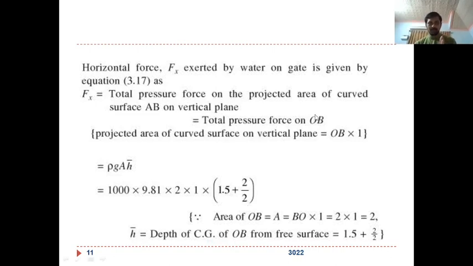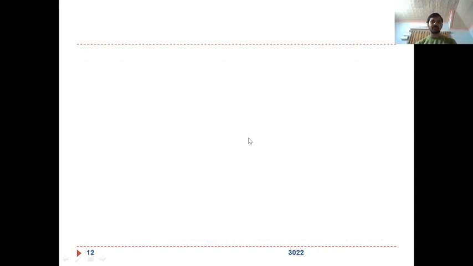Then only you will be able to understand what OB is, and how OB, 1 and 2 by 2 etc. have come. Once you draw the diagram and listen, you will understand how these dimensions have come. So Fx you will get as 49 kilonewtons.